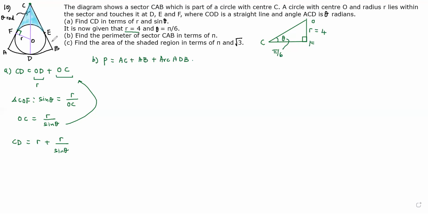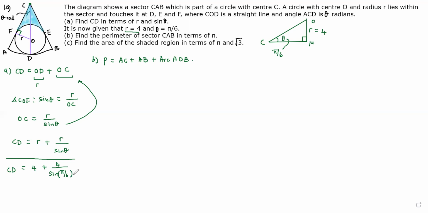AC and AB are the radius of the sector CAB. So the length of AC and AB is the same as the length of CD. CD is still the radius of the sector. What we could do now is find the value of CD. R is 4, so we have 4 plus 4 over sine of pi over 6.